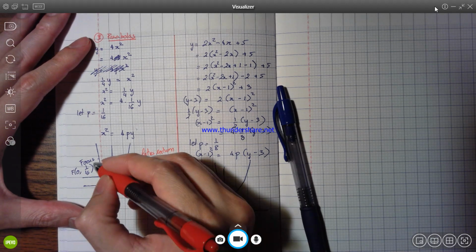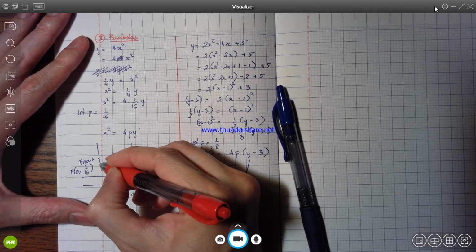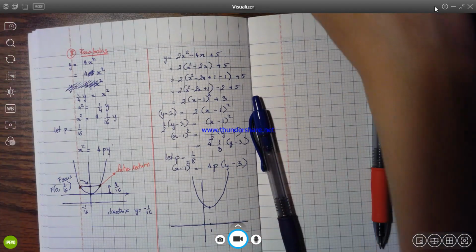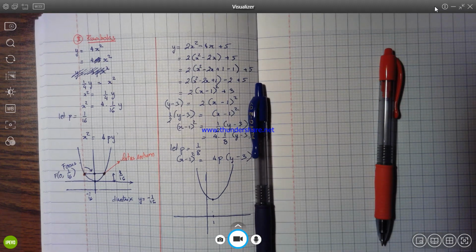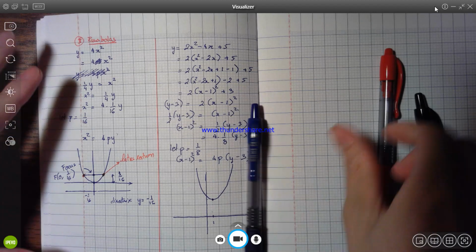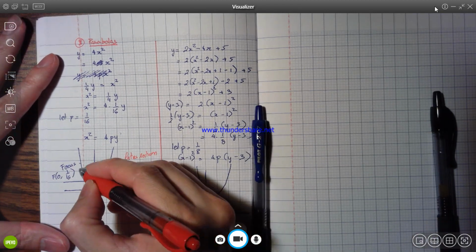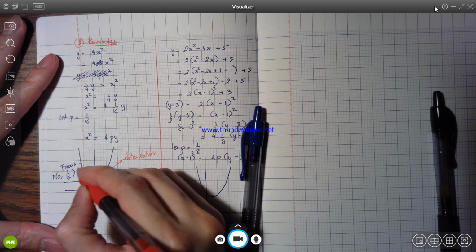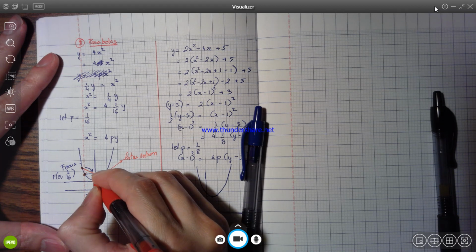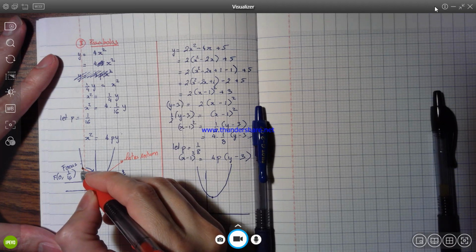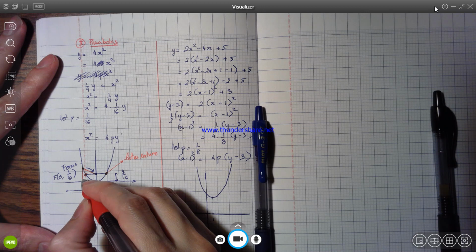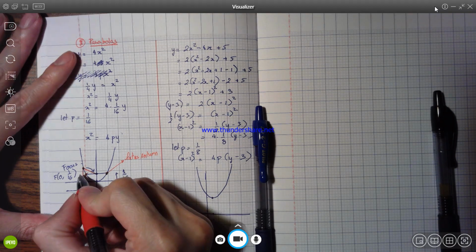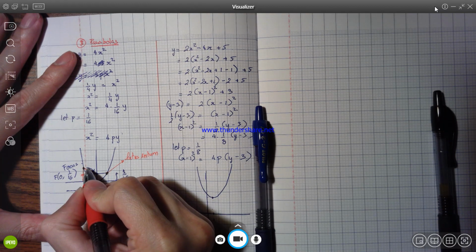Another good thing is that if we pick a point on the parabola, let's use red over here, any point on the parabola, and I connect it to the focus, and from that point I draw a perpendicular to the x-axis, then I know for sure that these 2 segments are congruent.